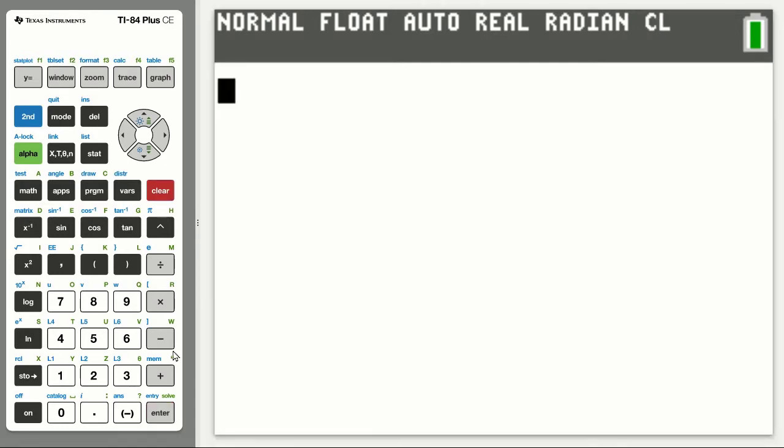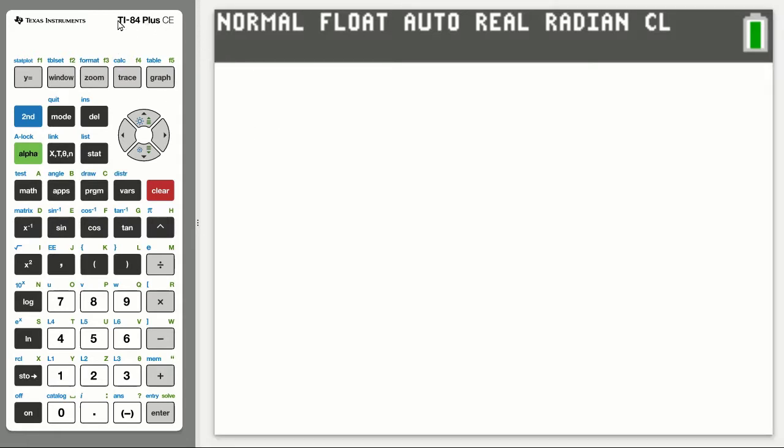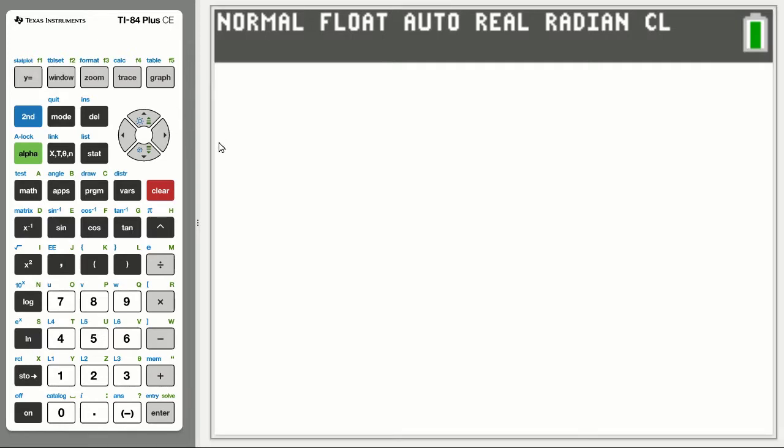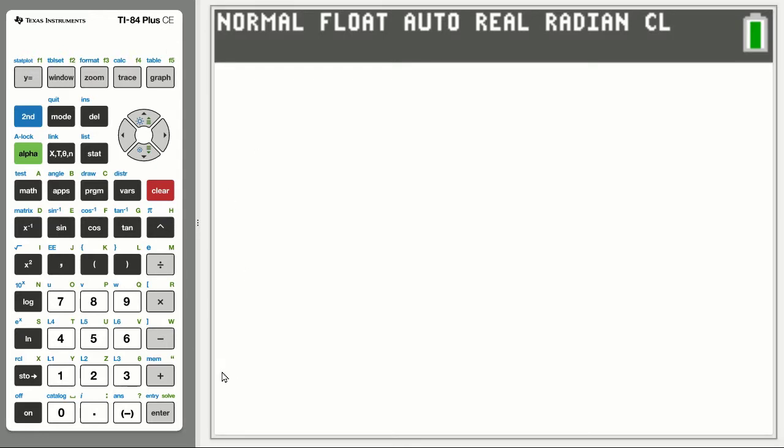And now for that exact same problem, I'm still sticking with the TI-84 Plus CE, but for some TI calculator users who are using an older TI-84 or TI-83, when you raise power, your screen may look as follows.